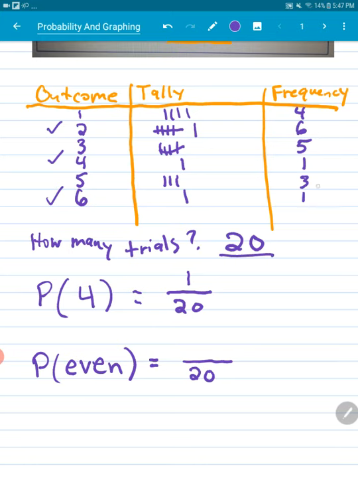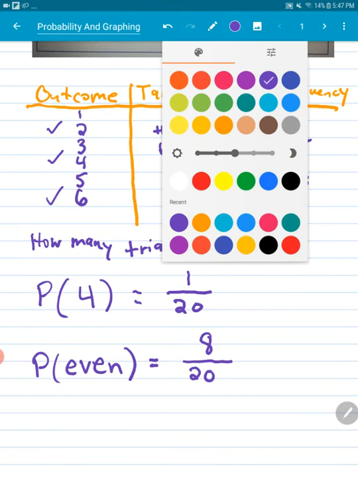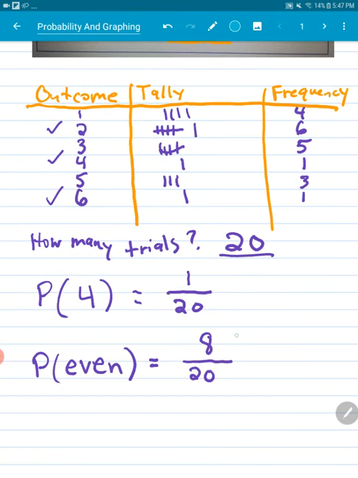So 6 plus 1 plus 1 gives us 8 out of 20. But is that the lowest possible option? No, we need to make sure it's the smallest amount possible. So let's divide this by 4 and divide this by 4. Our lowest possible fraction here is 2 out of 5. And now we have our probability.